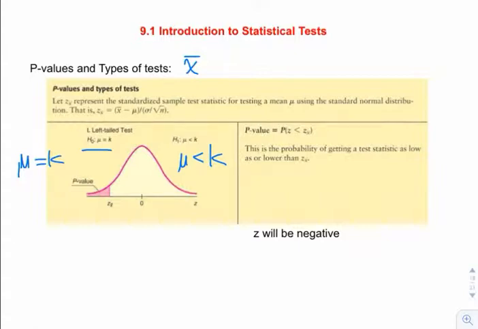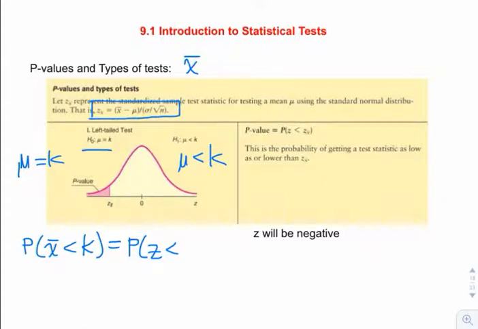And you'll be interested in saying that the probability of x bar being less than k. As before, to be able to use our z-table, we'll have to change that value k into a z value. So how are we going to do that?